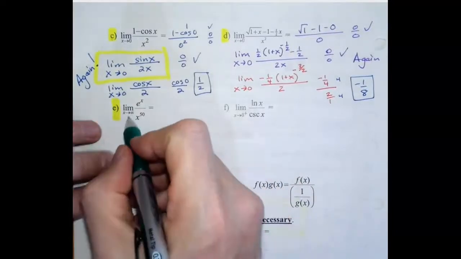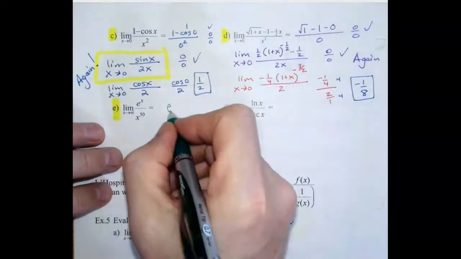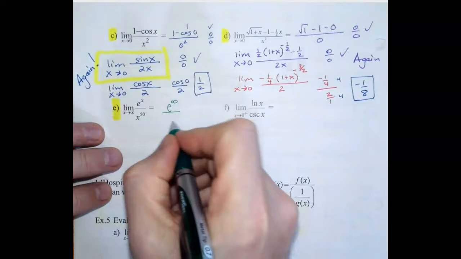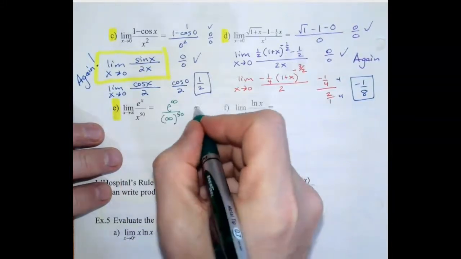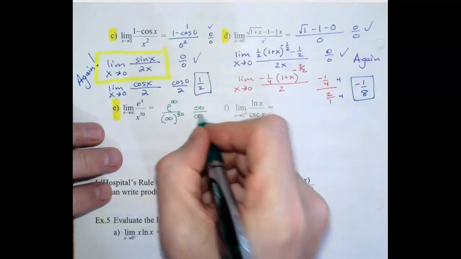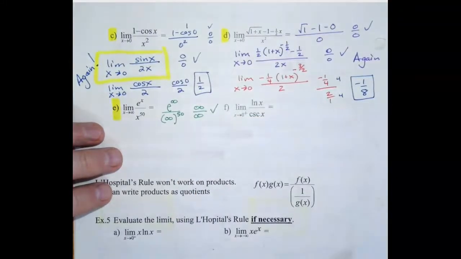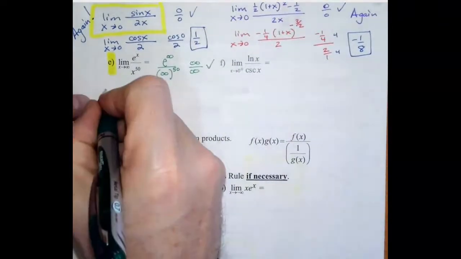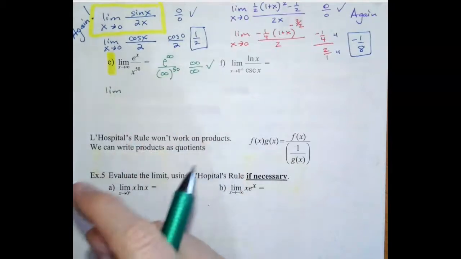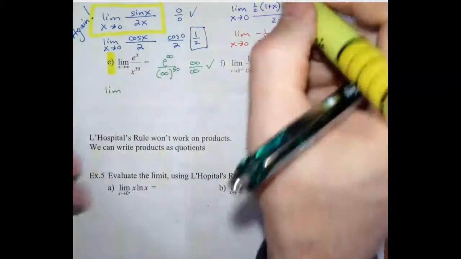Okay, so if we plug in infinity, oh, we're finally going to get infinity over infinity. That's nice, finally. To the 50th power, that's going to be infinity over infinity. Finally, first time, I think. Okay, so we need the limit of, we had that twice over here.